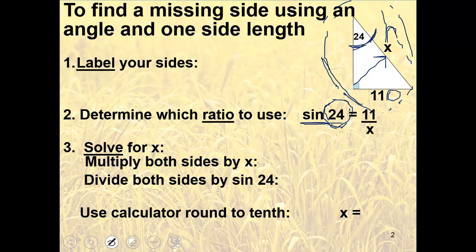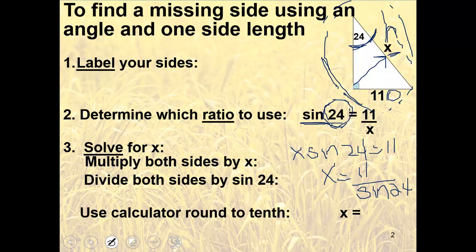So sine of 24 degrees equals the side opposite, 11, over the hypotenuse, which is x. Now we're going to solve for x. When x is in the denominator, you multiply both sides by x. So I get x times sine of 24 equals 11. That means x has to equal 11 divided by the sine of 24.